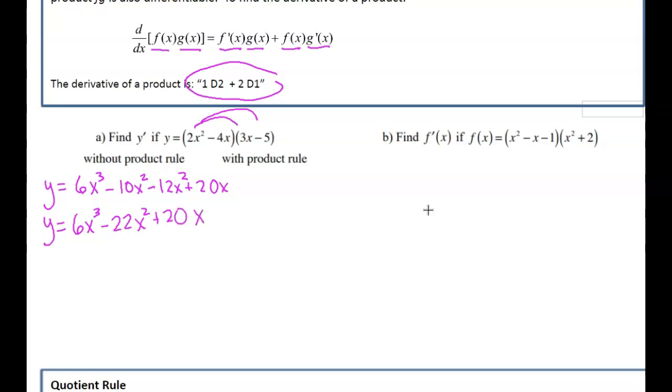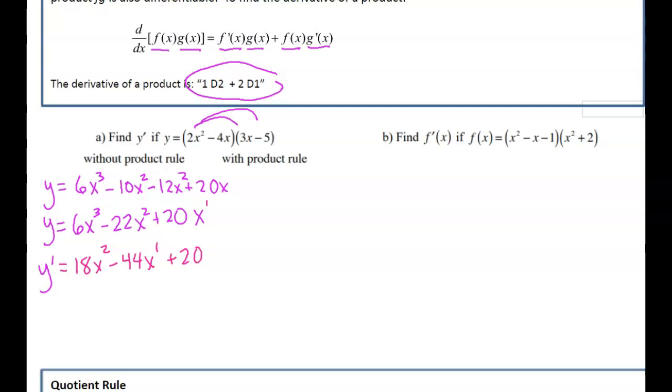These are all just powers of x, so we're going to use the power rule. On our derivative, we're going to bring the power down by multiplying and subtract 1. Bring the power down, subtract 1, and bring that power down, and that power would go away. So this would be our derivative, and it's fine.